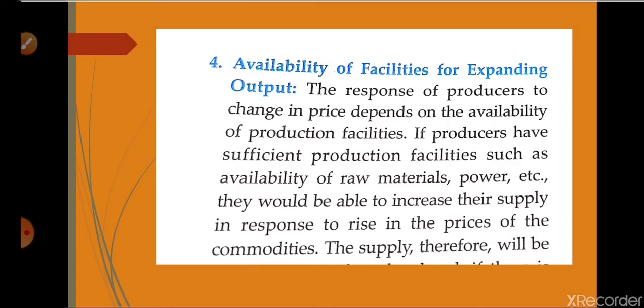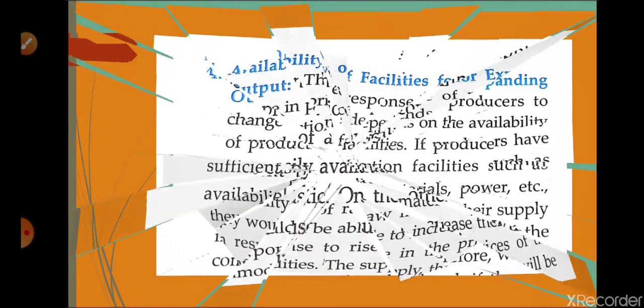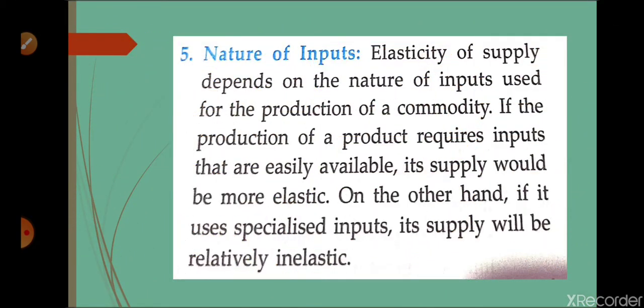Next we are going to discuss the nature of input. What is input? It is very clear, no need to tell again. If the production of a product requires inputs that are easily available, meaning labor and raw material are available easily, then the supply will be more elastic.